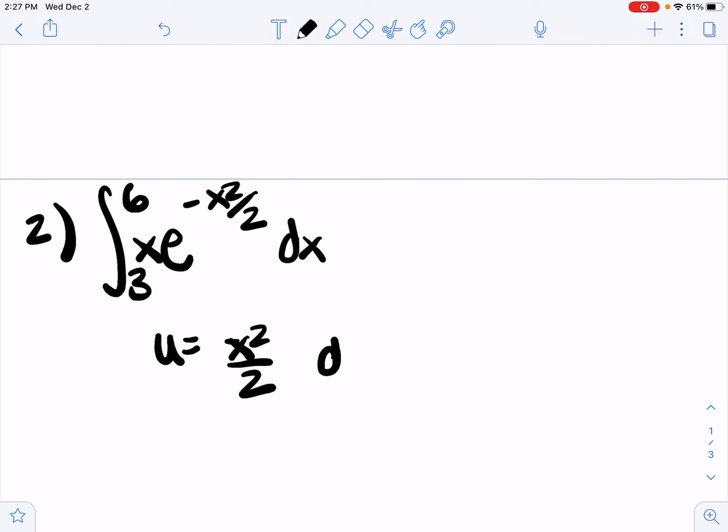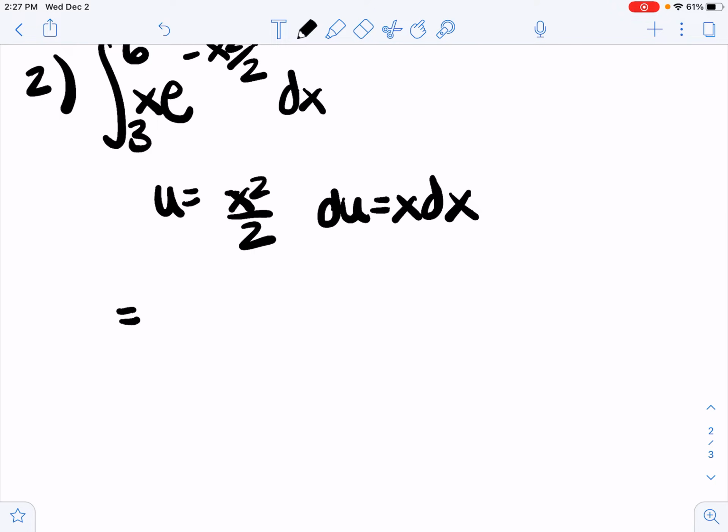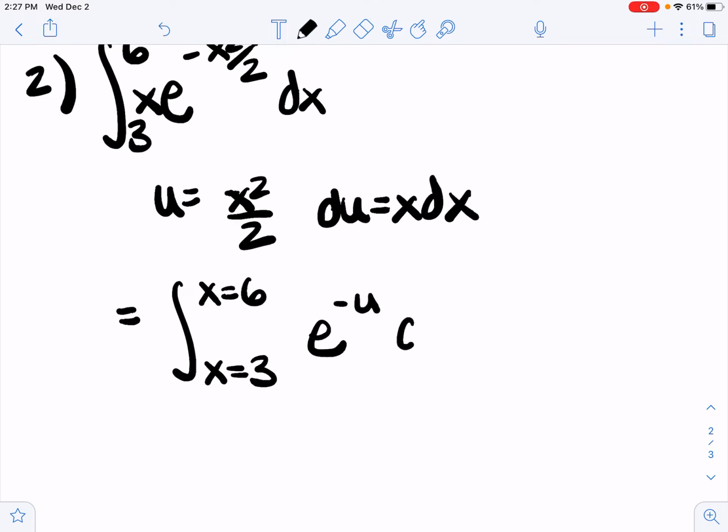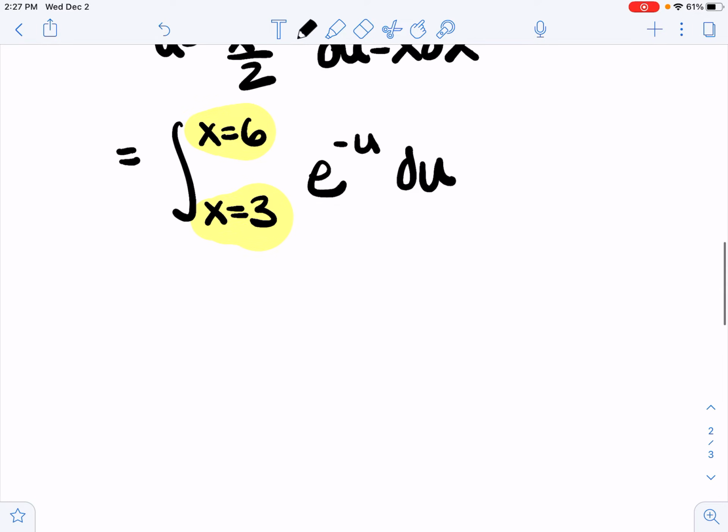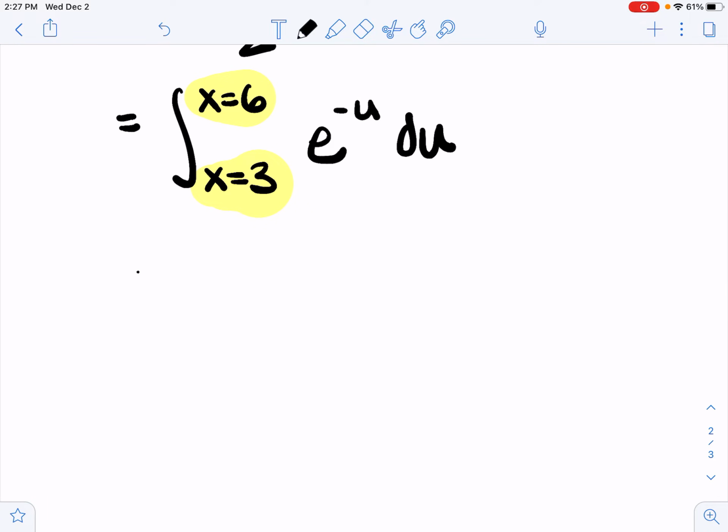It's the same substitution, du equals x dx, and so we could say our integral is equal to the integral from x equals 3 to x equals 6 of e to the minus u du. And we write that x equals 6 and x equals 3 as a reminder that those values correspond to our original variable x and not to our new variable u. So we don't get confused and plug the wrong thing in at the end.